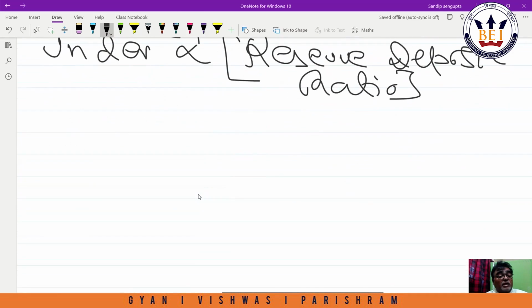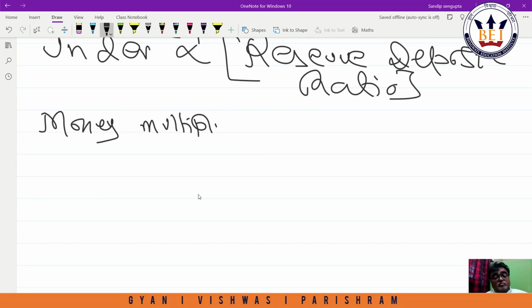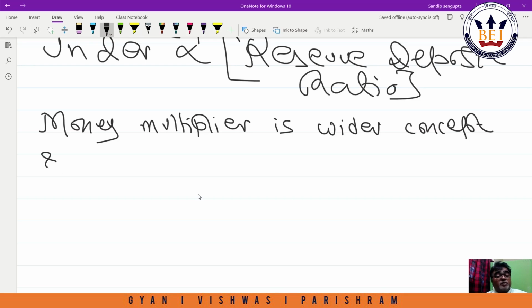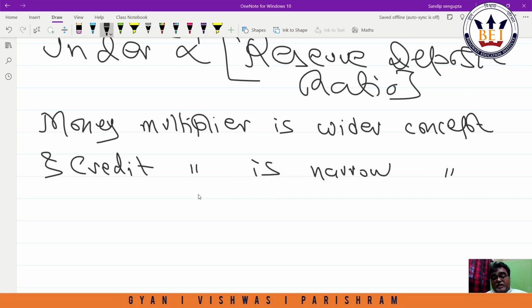We can conclude this way. Money multiplier is a wider concept and credit multiplier is a narrow concept.